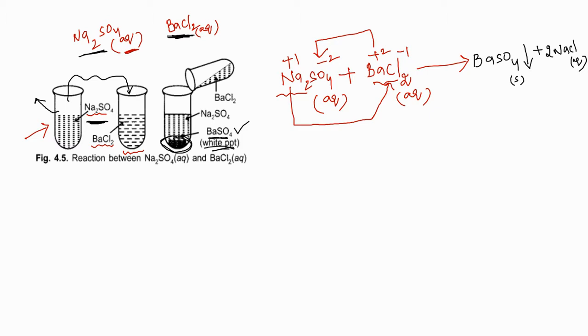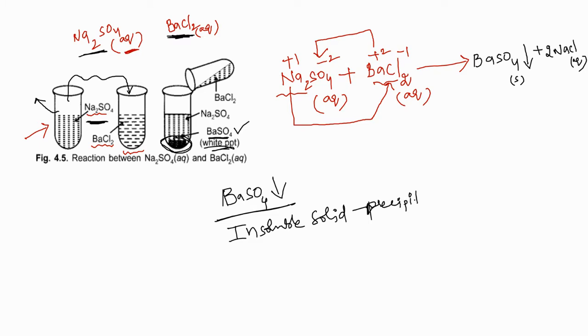That insoluble solid is known as barium sulfate, and beside it we have written a downside arrow, nothing but the insoluble solid. Insoluble solid is known as precipitate, my dear students.